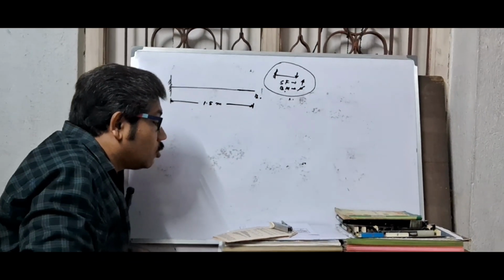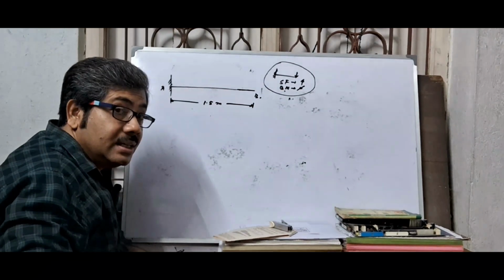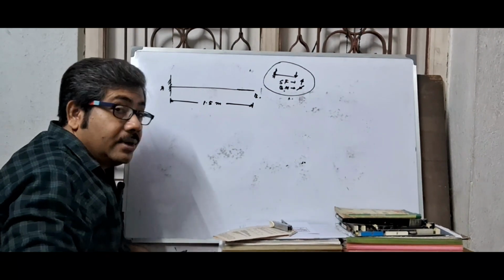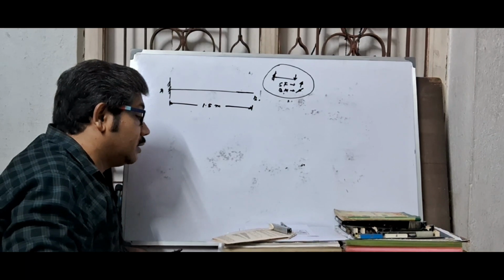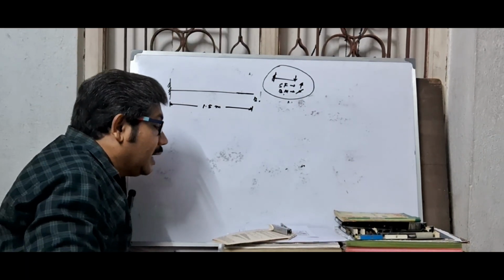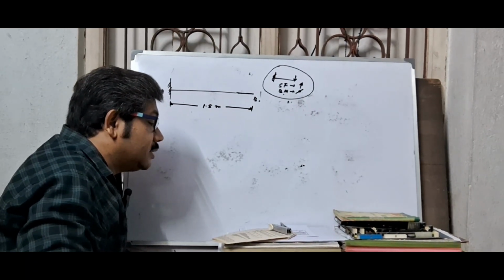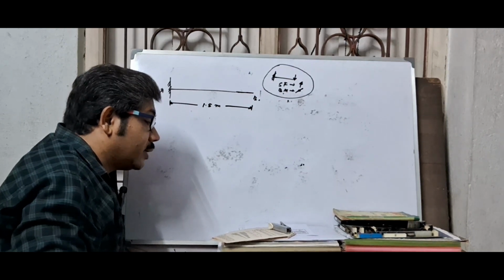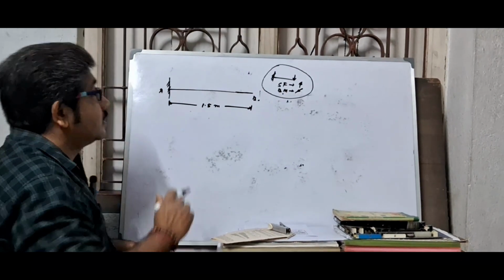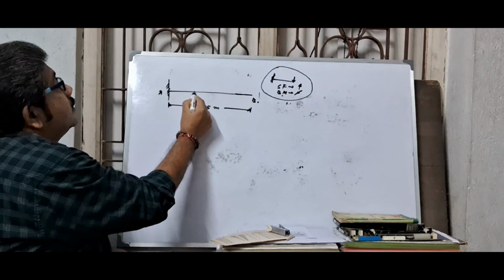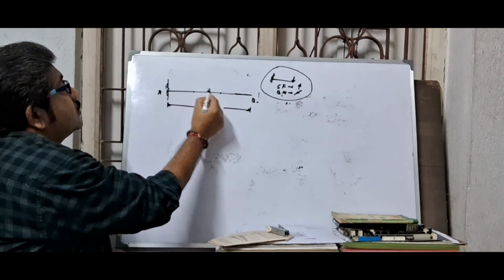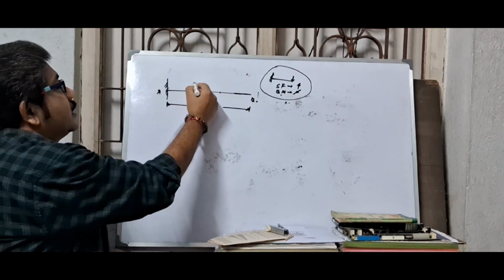Carrying a point load of 1000 kg each, at distances of 0.5 meter, 1 meter and 1.5 meter from the fixed end. That means from the fixed end, this is 0.5 meter, this is 1 meter and this is 1.5 meter.